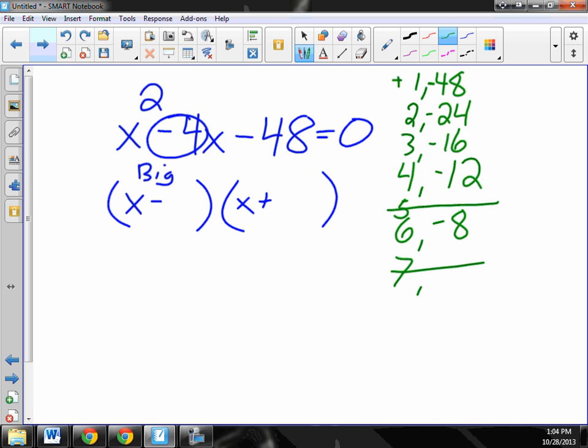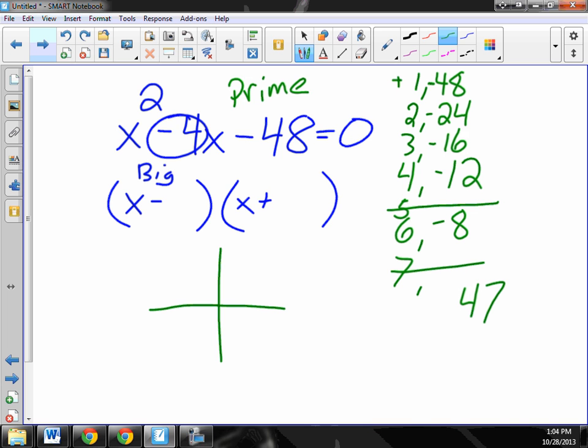What happens when a number has no factors? If I said factor 47, you would say it's prime. So this quadratic is prime. Now, does that mean that it does not touch the x-axis? No. So there are a couple options.